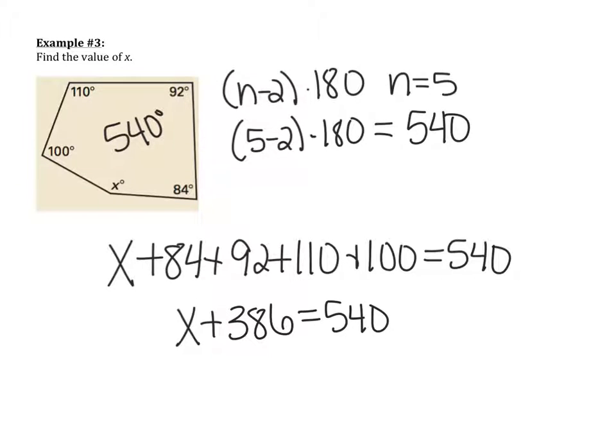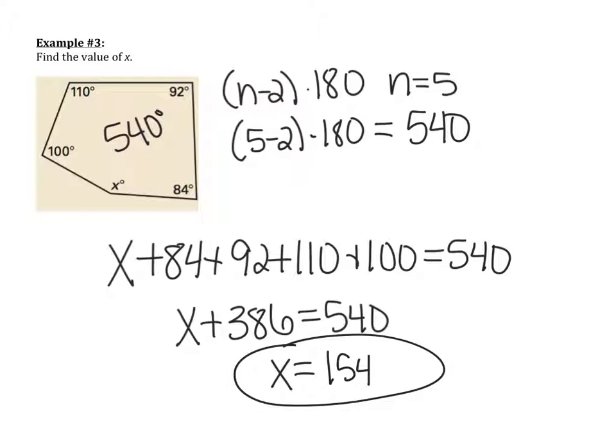I'm just going to subtract the 386 to get x by itself, and I would end up with 154. So x equals 154. Again, start with finding the total number of degrees in a 5-sided figure. Set up your equation, add up all the angles, set it equal to the total, and then just solve for x to find your missing angle measure.